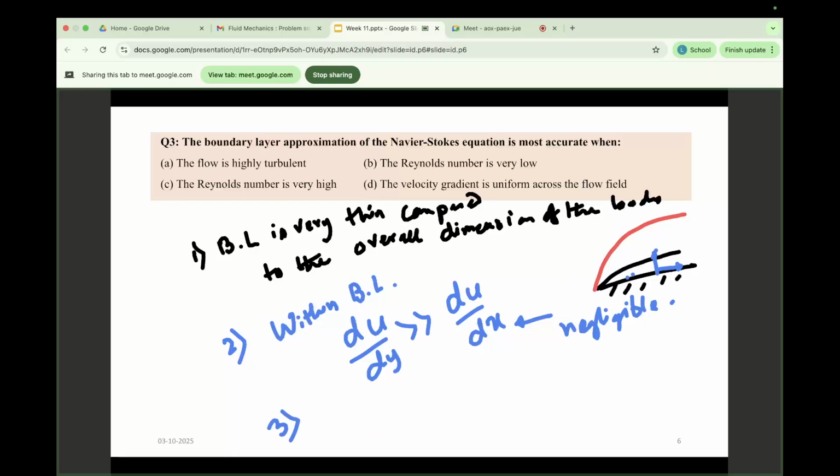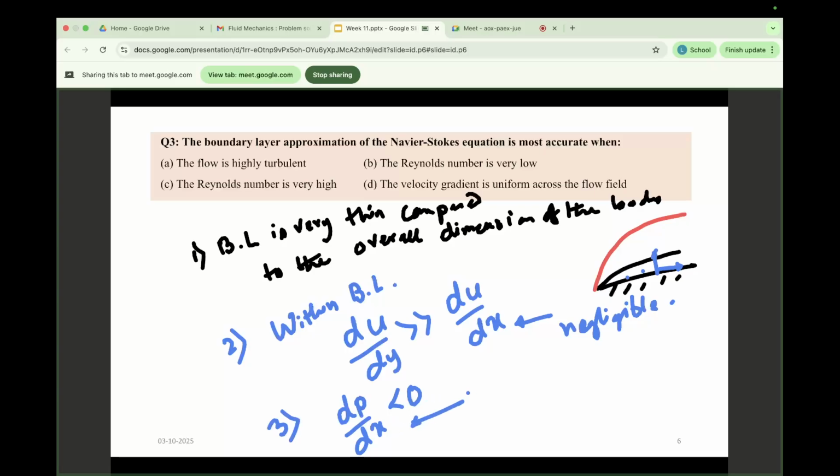In the first slide, what I have said is that dp/dx should be equal to or less than 0. If it is greater than 0, then boundary layer separation will happen. So this pressure gradient should be negligible.